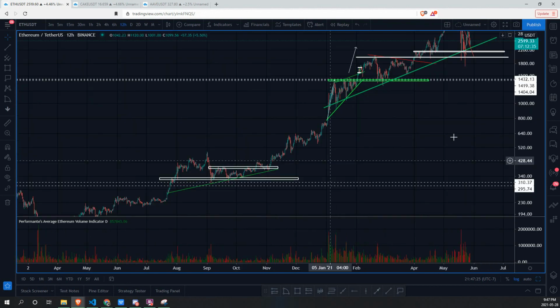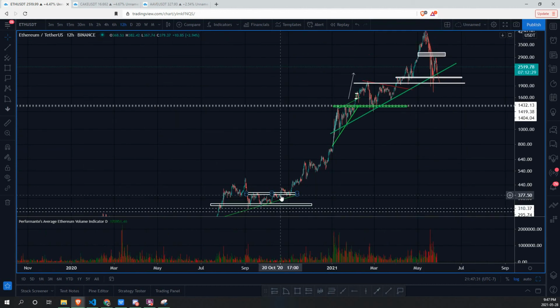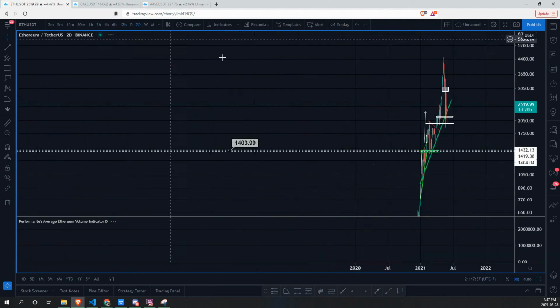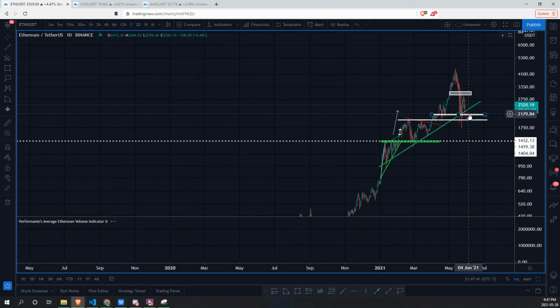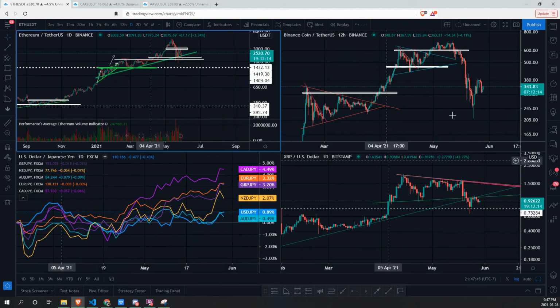Very, very strong level of support at around the $300 range that we were looking at, and it formed a beautiful formation right there. So patience is needed. I think there's a little bit of time before our next push, but it does look well, holding above $2K to around the $2,200-$2,300 level for Ethereum.